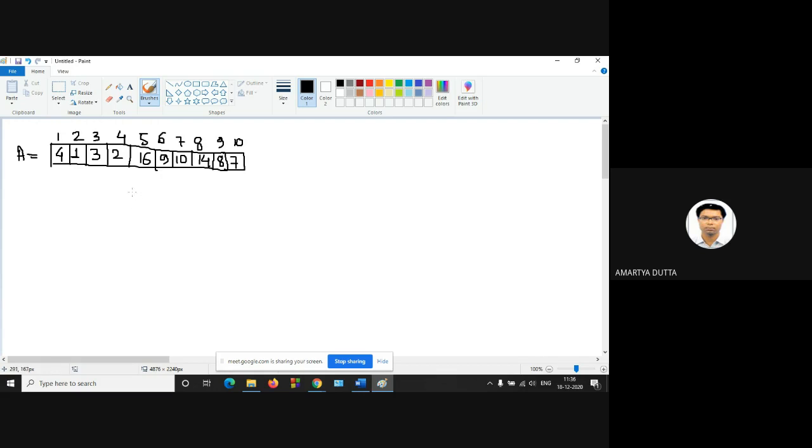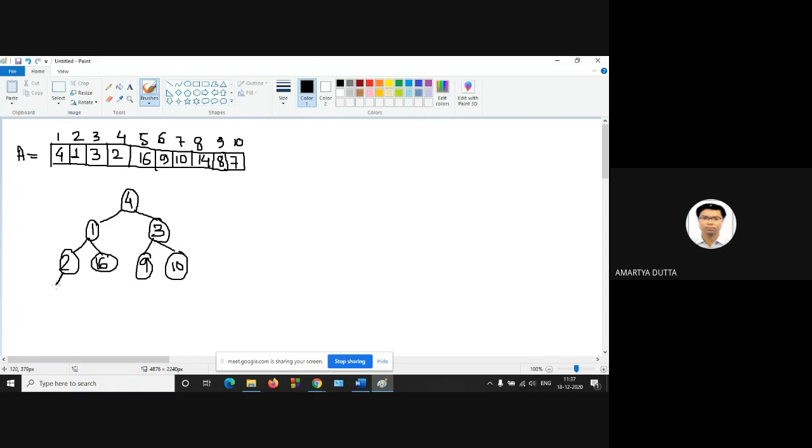As this is the complete binary tree, first of all write down 4. Next you have to fill the left one, so left one is 1. Next, the right one is 3. Then 2, then 16, then 9, then 10.